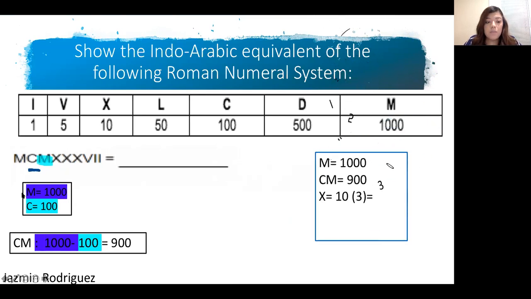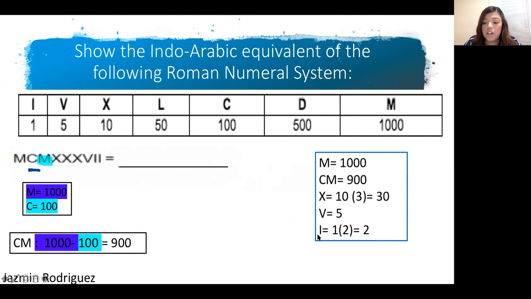We have M, which is 1,000, and CM, which we determined was 900. We have X, which is 10, and as we can see, we have 3 of those. So we multiply 10 times 3, which gives us 30. Then we have V, or 5, and we only have 1 of those, so that's equal to 5.